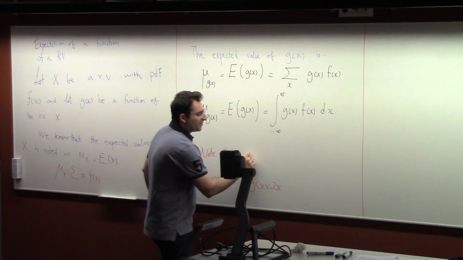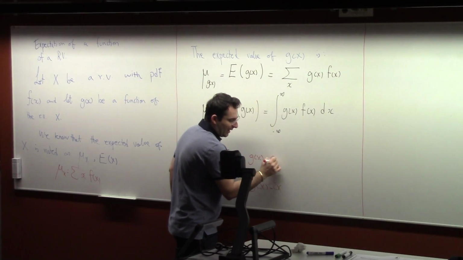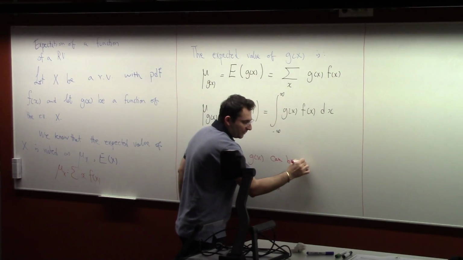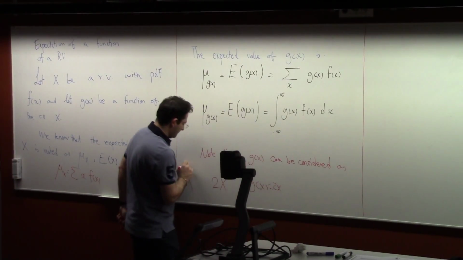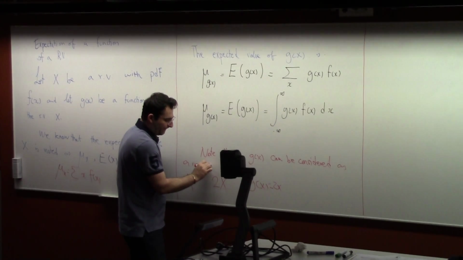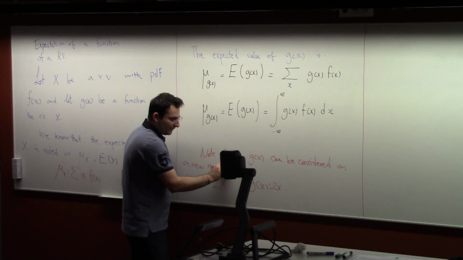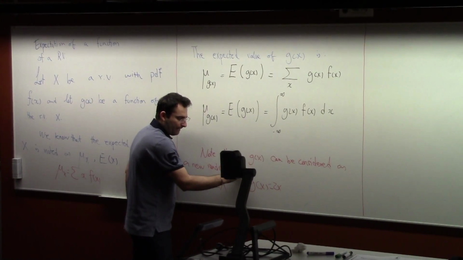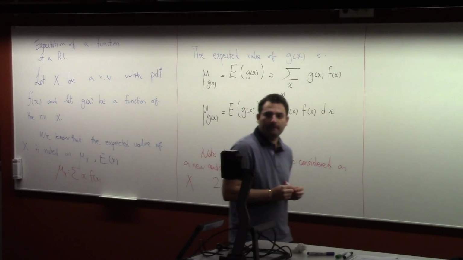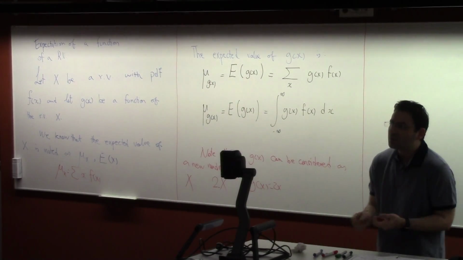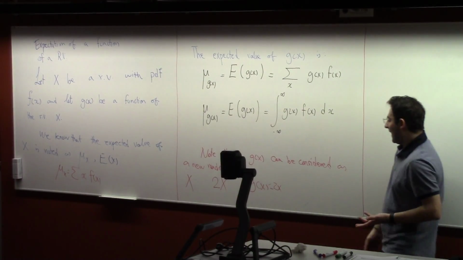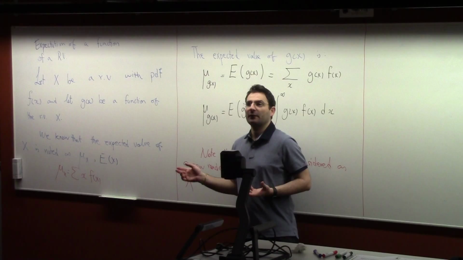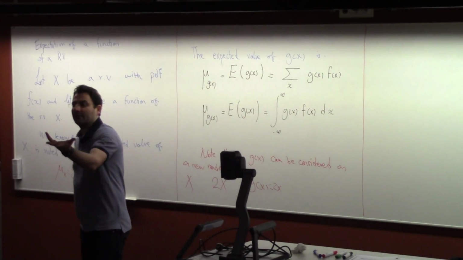So, note that g(x) can be considered as a new random variable, because what you do is just some operation on your random variable, and the variable inside our function is a random variable.